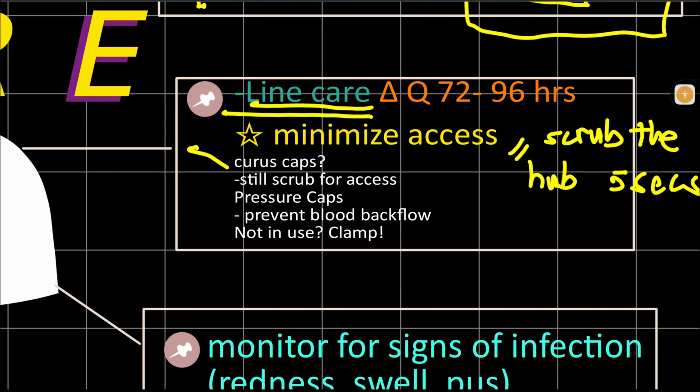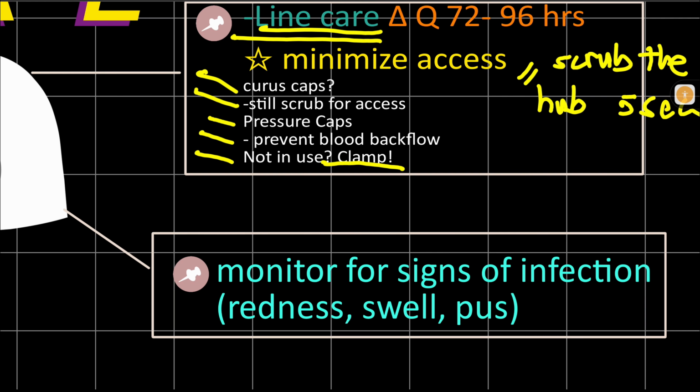We normally put sterile gloves, scrub for access, and pressure caps to prevent blood backflow. If it's not in use, please make sure to clamp it. You don't want air embolism to your patient, so make sure you are clamping it if it's not in use.